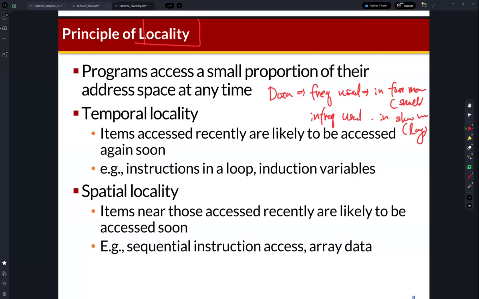It's the same for the real world, right? In the real world, if we use a certain device frequently, like the smartphone, we can access the smartphone from our pocket. It's near, it's close to us, close to our body.